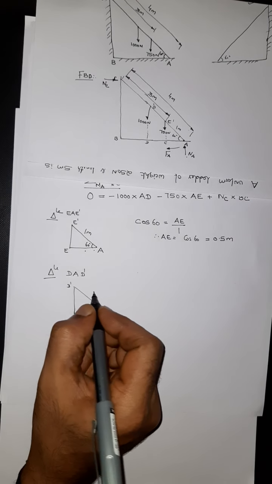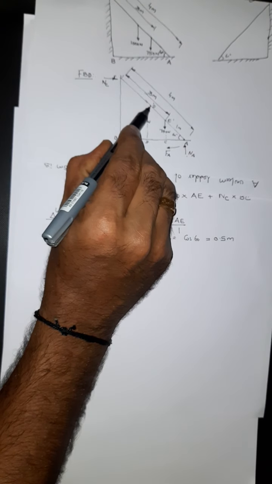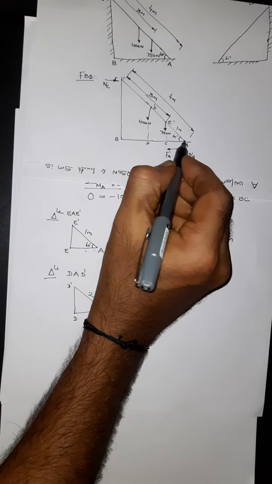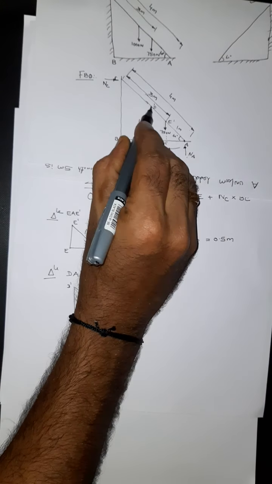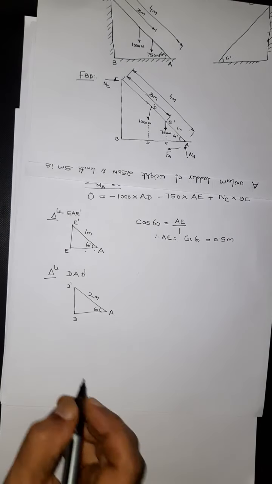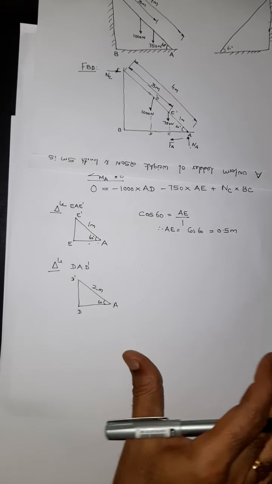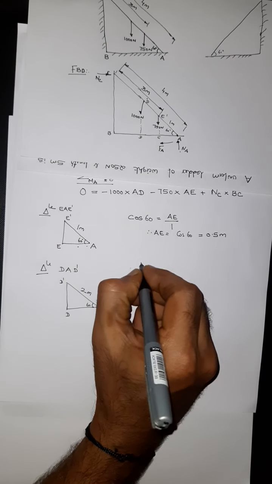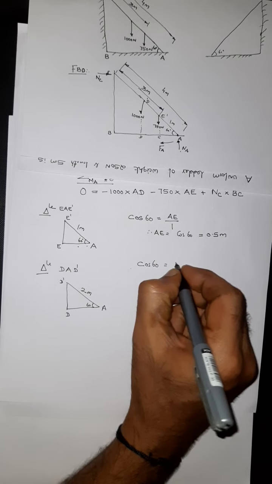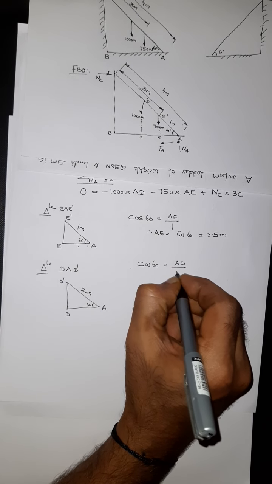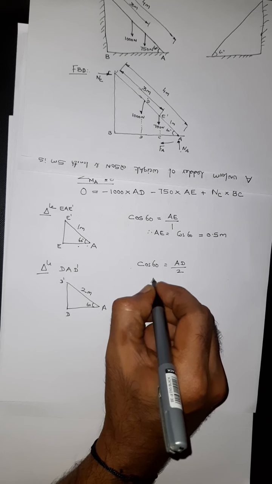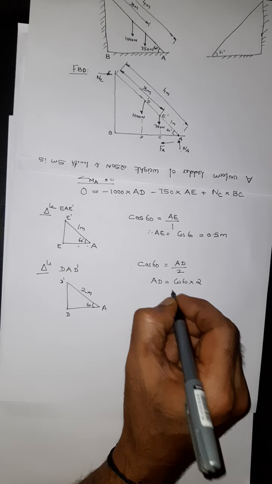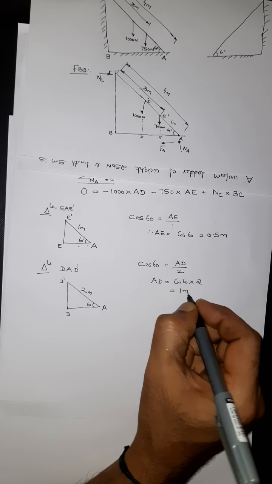This you know, because the weight acts at the center of the ladder, so the distance to A dash is 2 meter. Now we want the distance AD. Again, cos 60 equal to adjacent side by hypotenuse. So AD equal to cos 60 into 2. Cos 60 is 0.5. So therefore 1 meter.